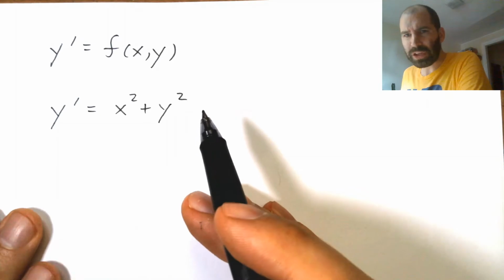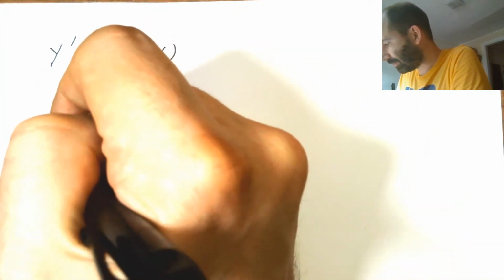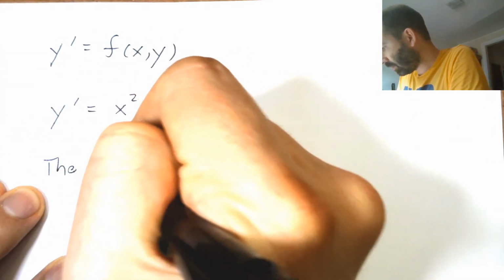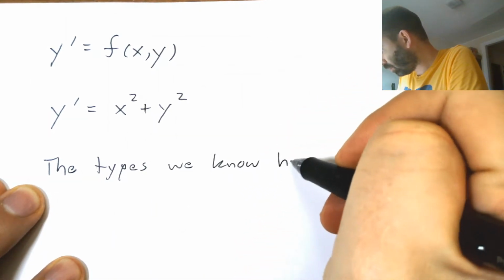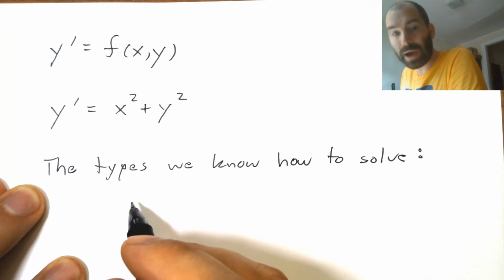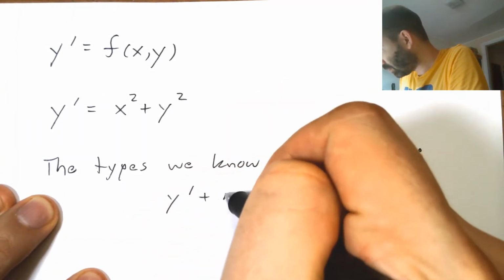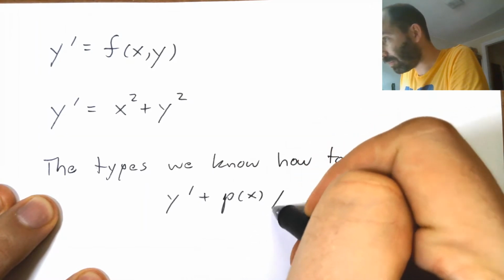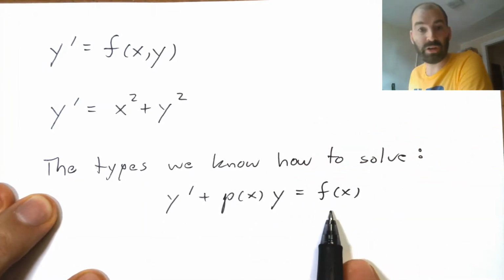Well, we've only talked about solving two types of differential equations. The first type we talked about, we kind of eased into it, but then we settled down and realized that all the things we were solving up to that point were just of this form.